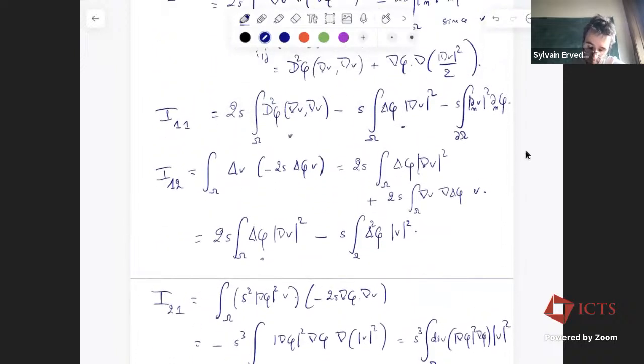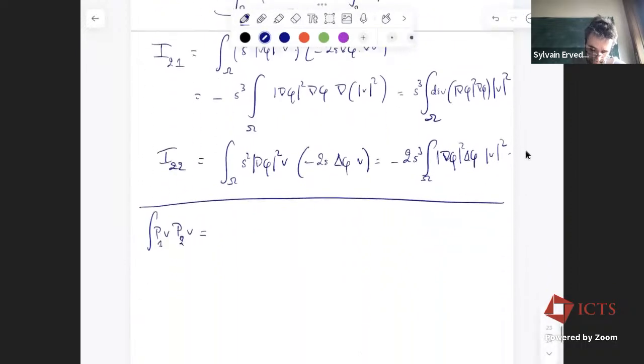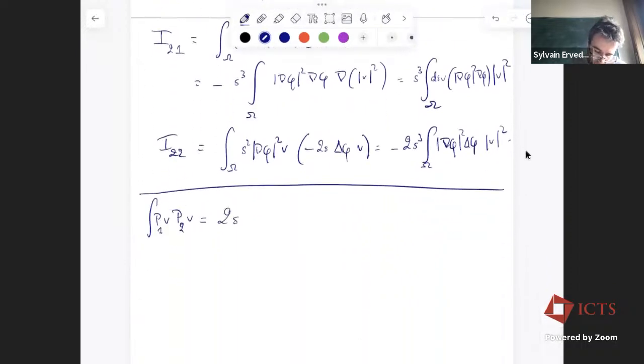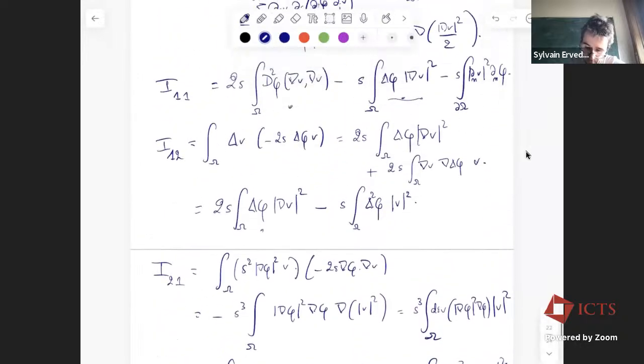So you see here you have minus s Laplacian phi gradient of V squared, and here it comes over 2, right? So what you have at the end is 2s d2 phi gradient of V plus s Laplacian of phi gradient of V squared. Okay, so this is for the terms involving gradient of V.